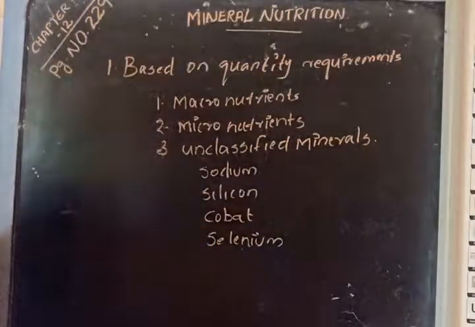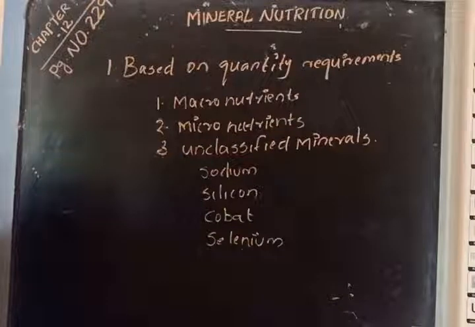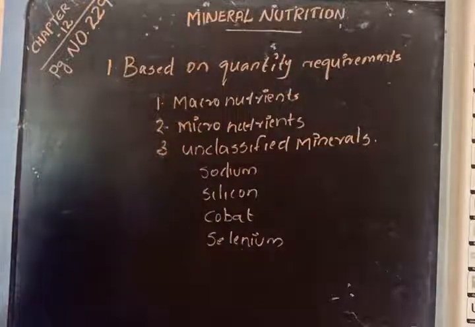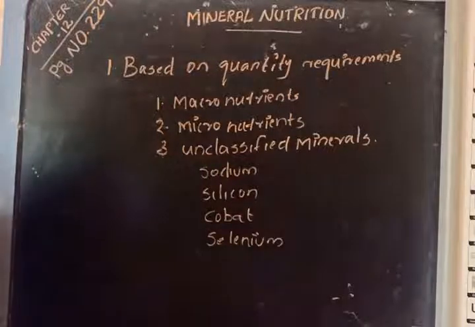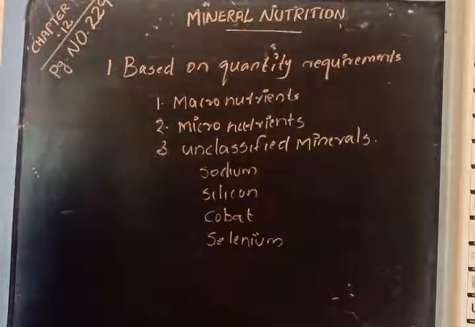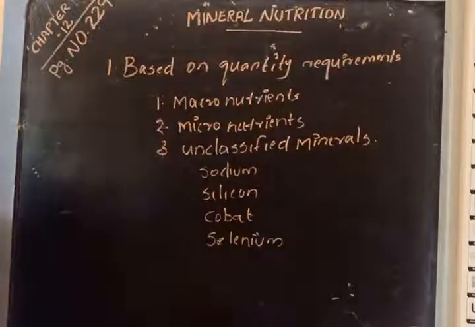These are minerals that are not classified in the group of essential elements, but are required by some plants to perform some necessary processes. Like silicon is essential for pest resistance, prevents lodging and helps in cell wall formation in families like Equisetaceae, a family under pteridophytes, Cyperaceae and Gramineae.